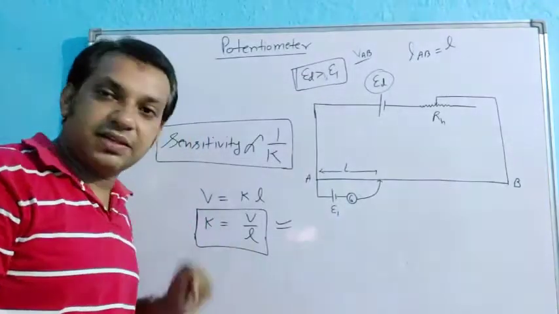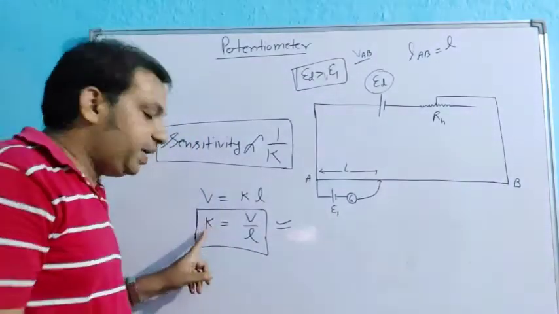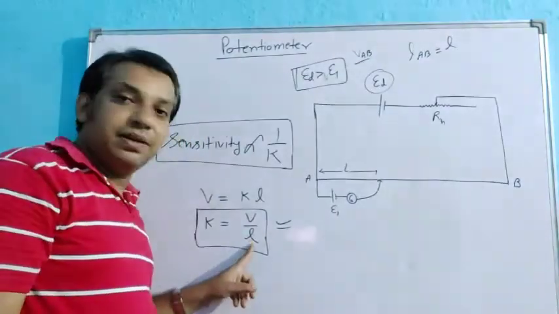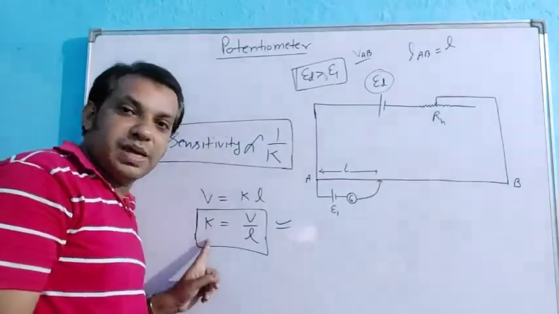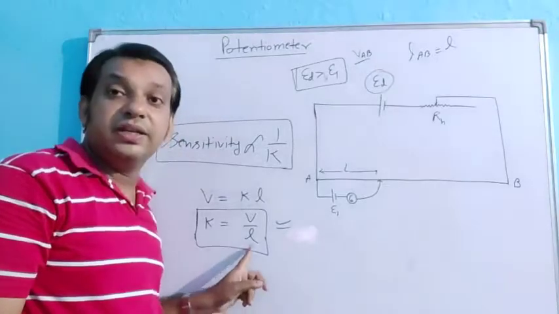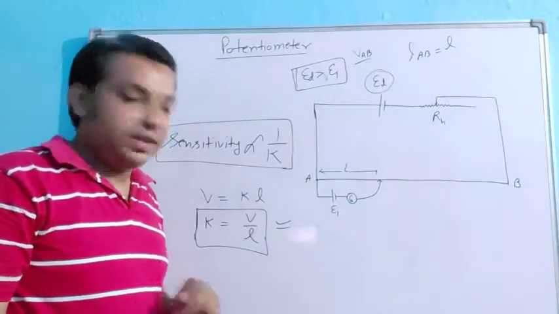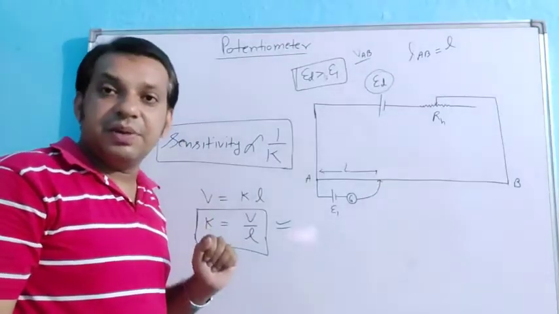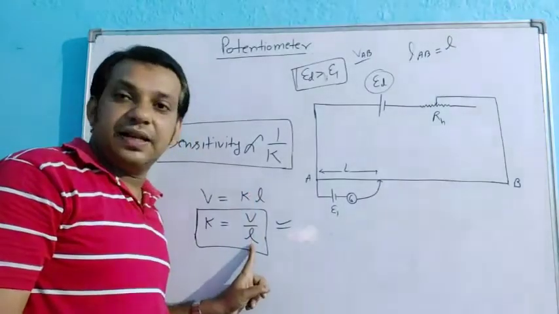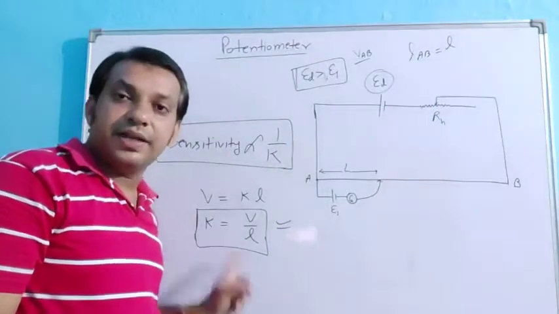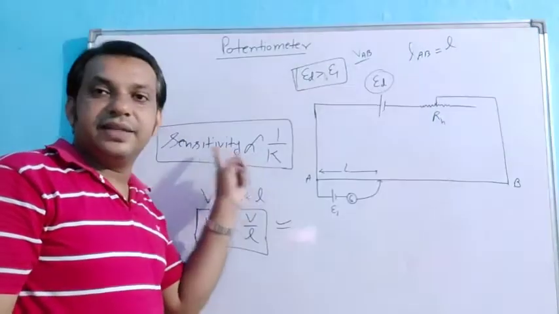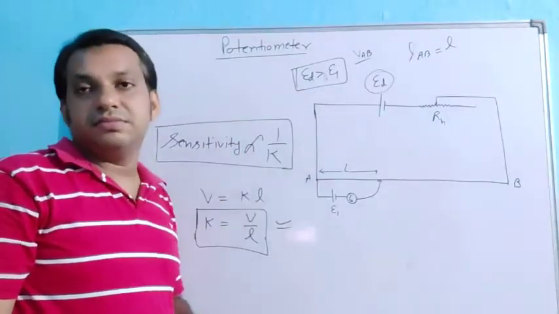Then we have the another factor L. To minimize this K, how can we change the value of L? K को minimize करने के लिए हमको L को increase करना होगा. That means if you increase the length of this potentiometer wire, then K will decrease, and if K decreases, then sensitivity will increase.